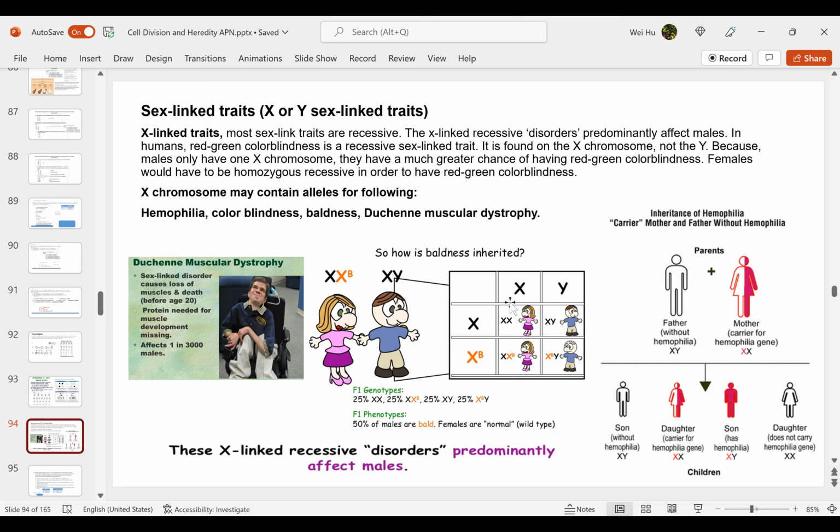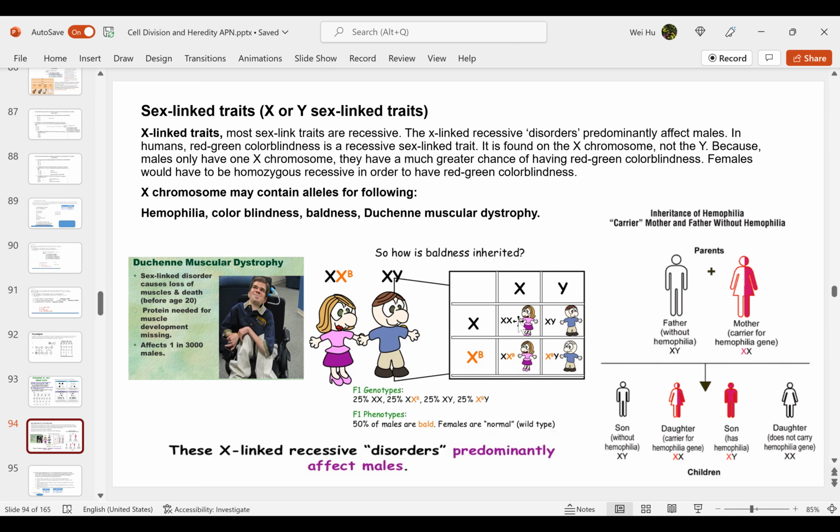Okay, so now let's assume that the father is okay, absolutely normal. But Mom is a carrier. So what do we mean by carrier? It means they carry a disease gene but are not showing symptoms. Carry disease genes, but not showing symptoms, that's called a carrier. So now you can see they have two girls.